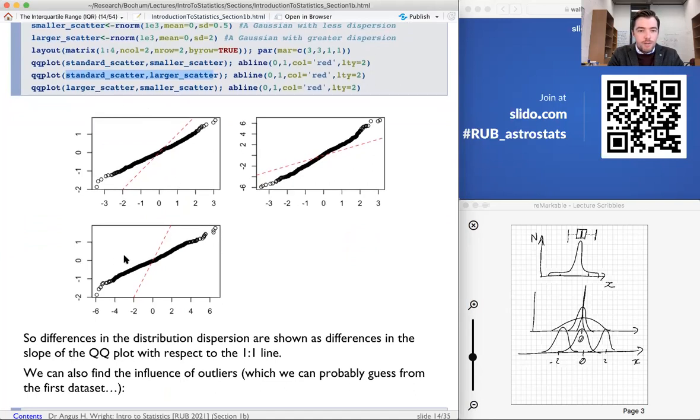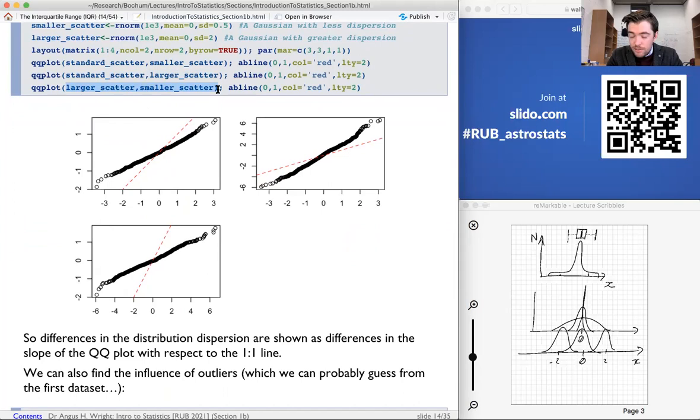And that tilt becomes more significant if you compare the large scatter and the small scatter. So this is related to the difference in dispersion between the 2 data sets. The deviation with respect to the distance to the one-to-one line dictates a shift in the mean, in the median. A difference in the slope with respect to the one-to-one line dictates a difference in the dispersion.